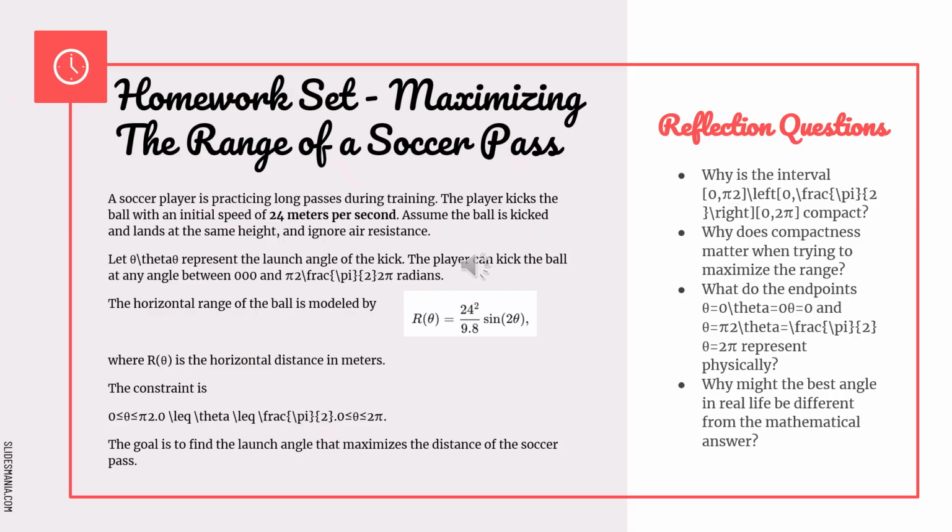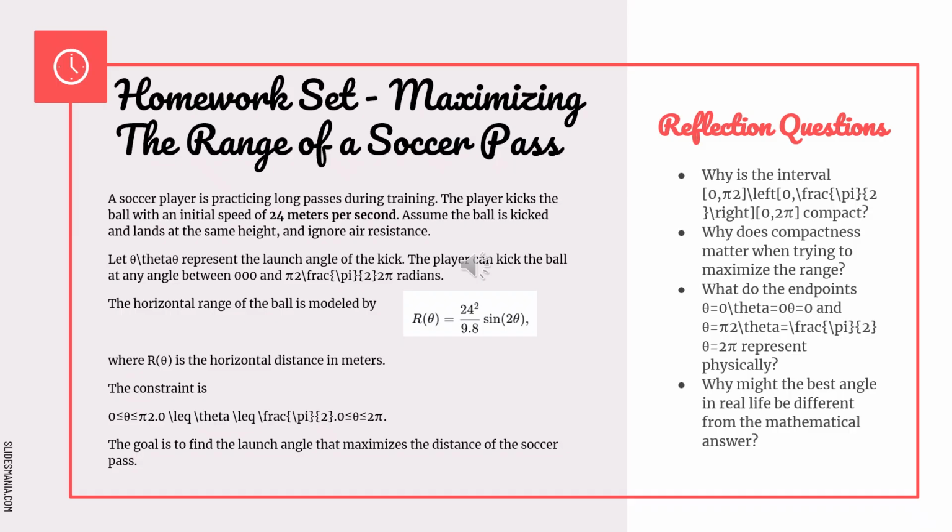So let's have a homework set: maximizing the range of a soccer pass. Here's the problem, and you can work on it. The reflection questions are: why is the interval compact? Why does compactness matter when trying to maximize the range?